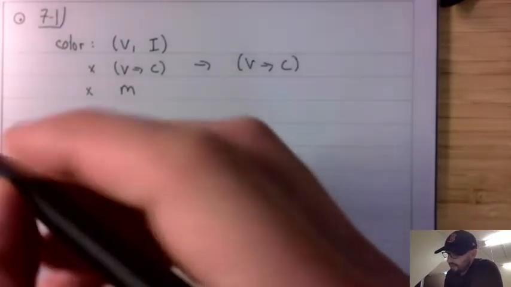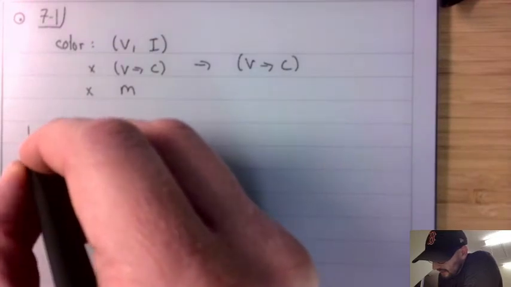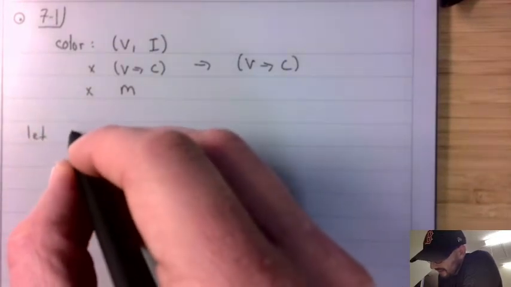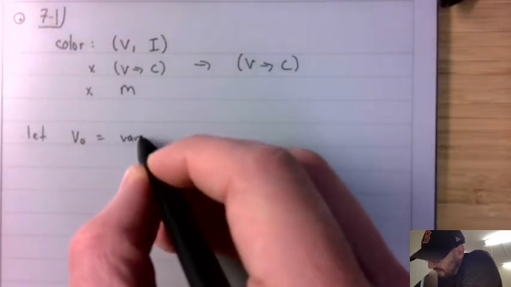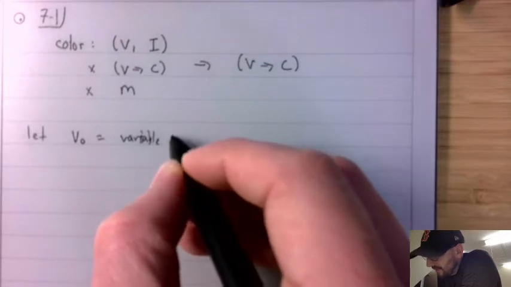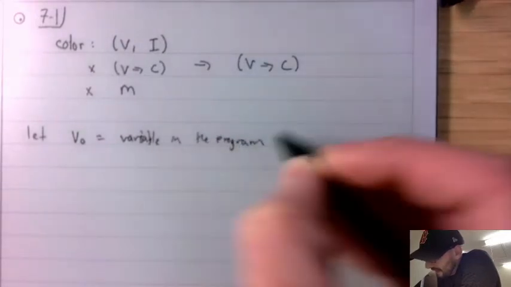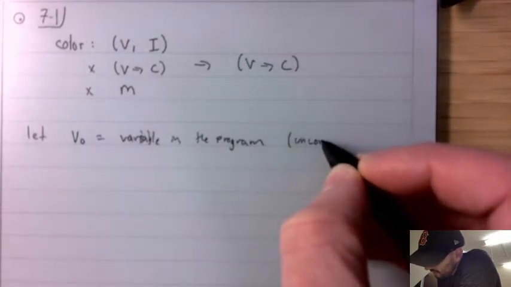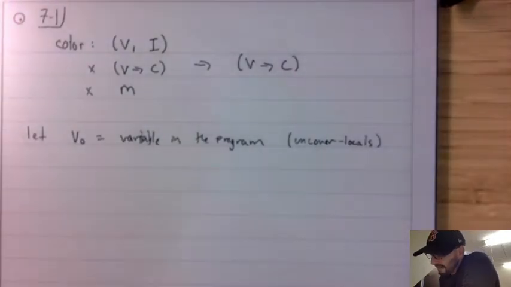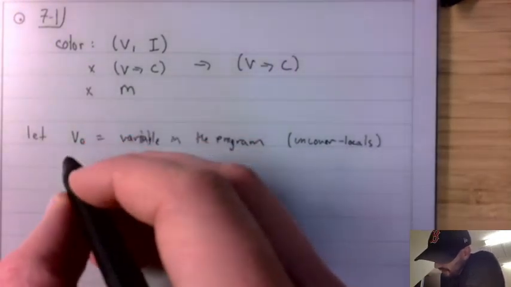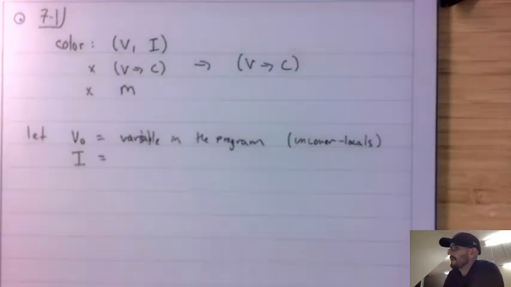Basically we're going to say something like, let v0 equal the variables in the program. And this is what uncover local computed. Then we're going to compute I by doing, what did I call it?